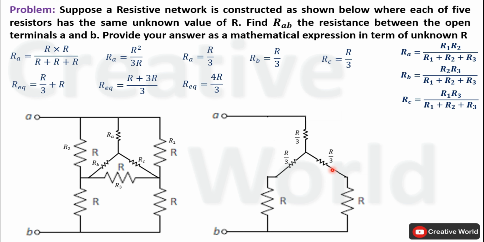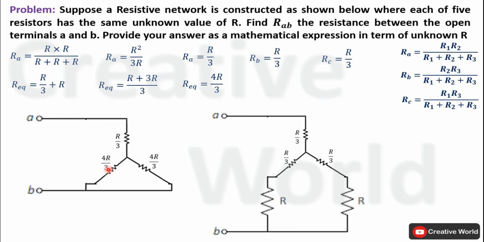So modify the circuit diagram. Now we have two parallel connected resistances having same value of 4R divided by 3. In order to calculate their equivalent resistance, we will use parallel equivalent resistance calculation formula for same parallel connected resistances. In that formula, we divide the value of a single resistance by the number of parallel connected resistances.